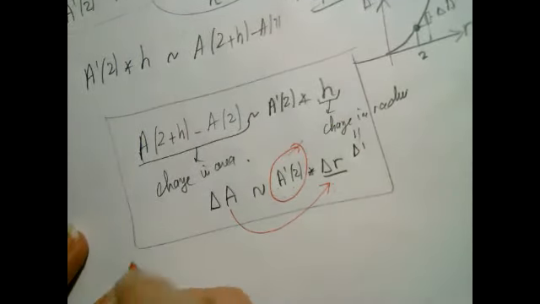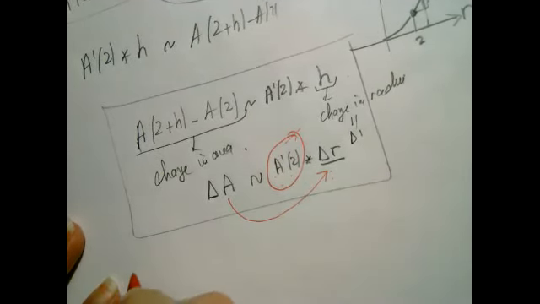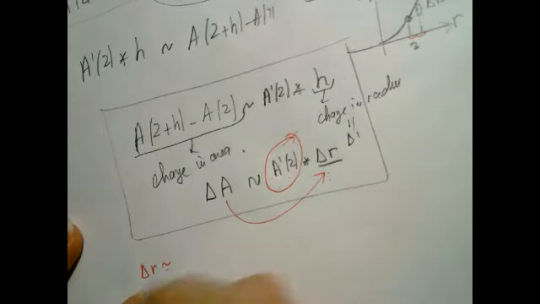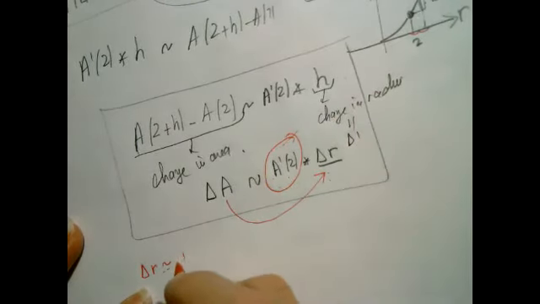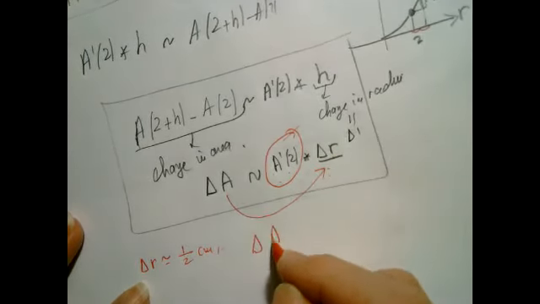So for example, suppose I tell you delta r, so let's change the radius by, let's say, half a centimeter. Okay, delta r, we change it by half a centimeter. By how much does the area change?